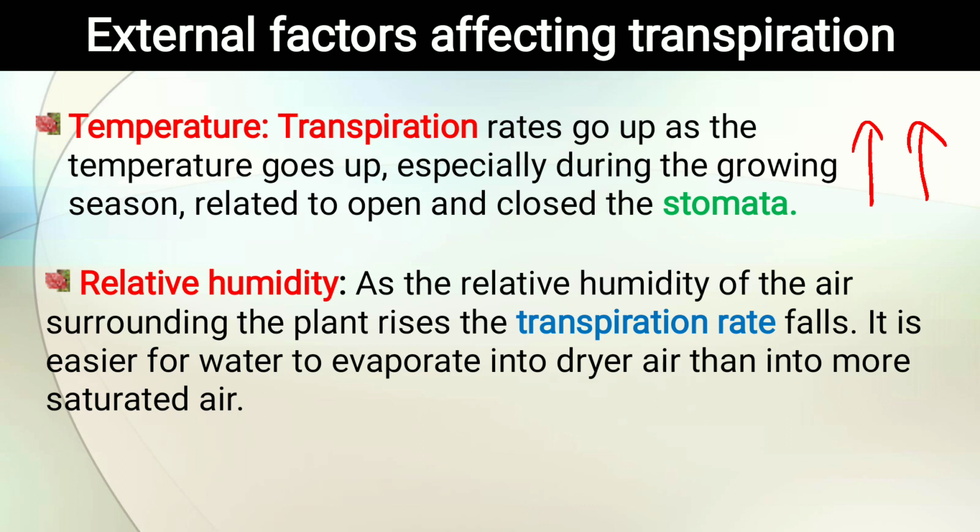Then the second one is relative humidity. As the relative humidity of the air surrounding the plant rises, the transpiration rate falls. Means if humidity is more, the rate of transpiration is low. It is easier for water to evaporate into drier air than into more saturated air.